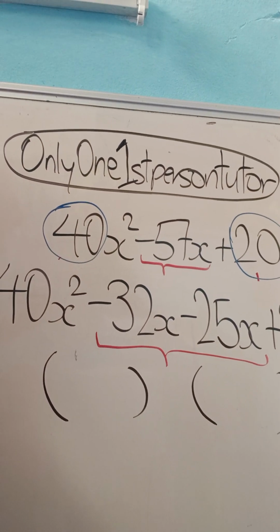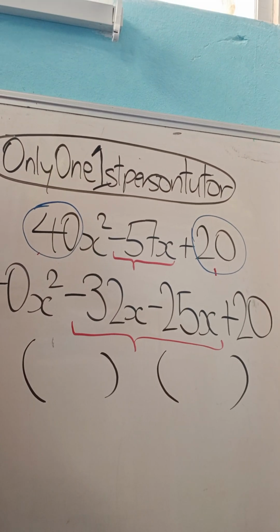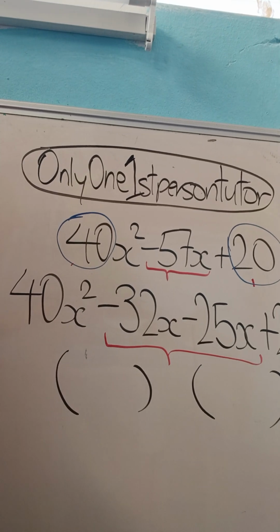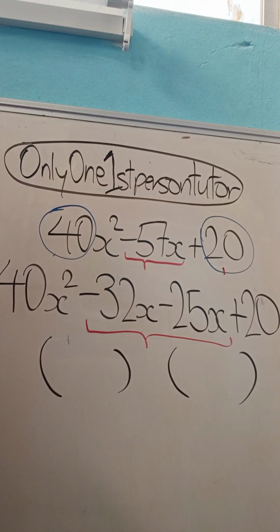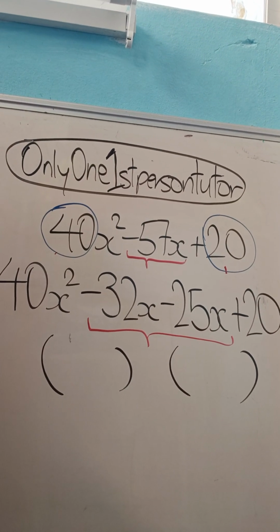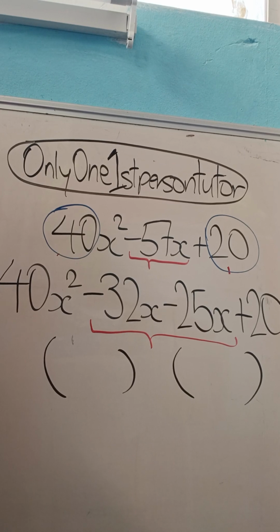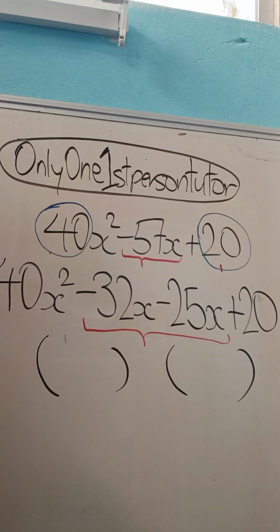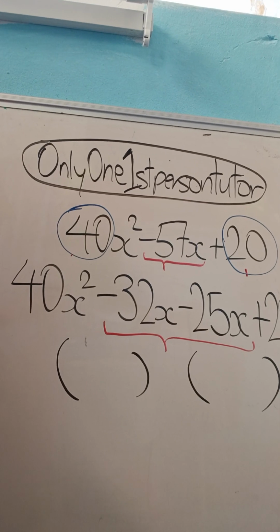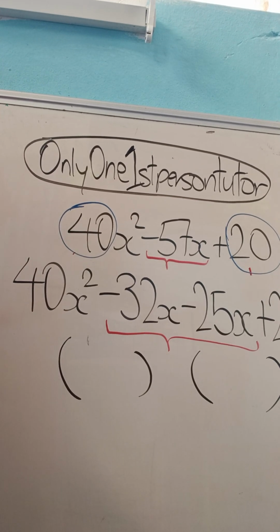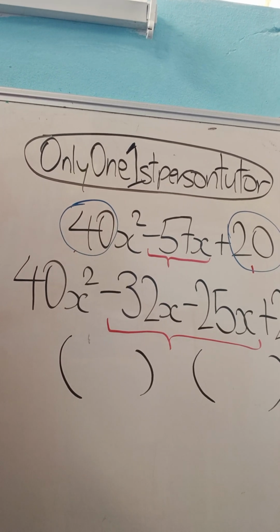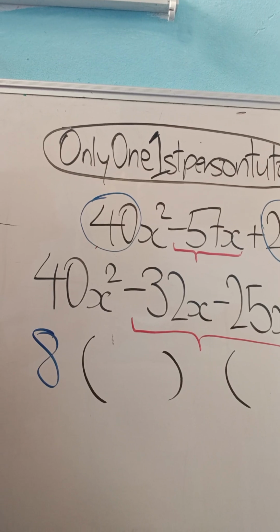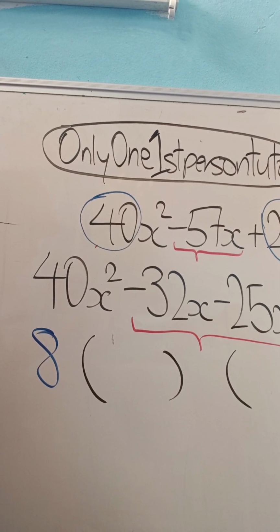Alright, so now we have the 2 brackets down, right? We have those 2 brackets down. So what do we do with all of that now? HCF of 25 and 20, that's going to be 5. Or maybe we could do, you know what, why not the 40 and 32? Let's do that first. Now let's pretend that we actually did forget.